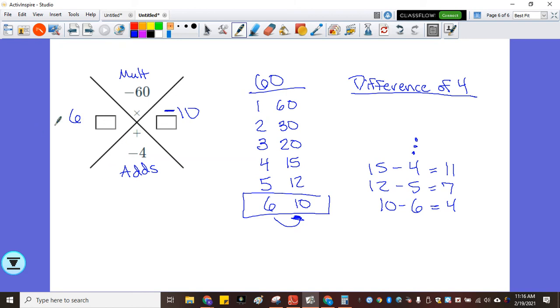And you can always check: 6 times negative 10 is negative 60. 6 plus negative 10 is negative 4. So that is 2 of every single type of question for your quiz today.